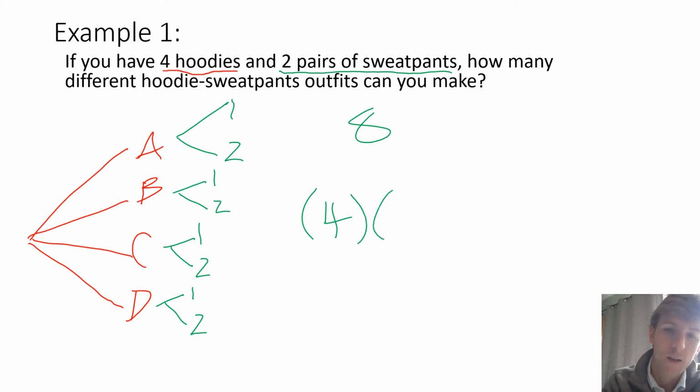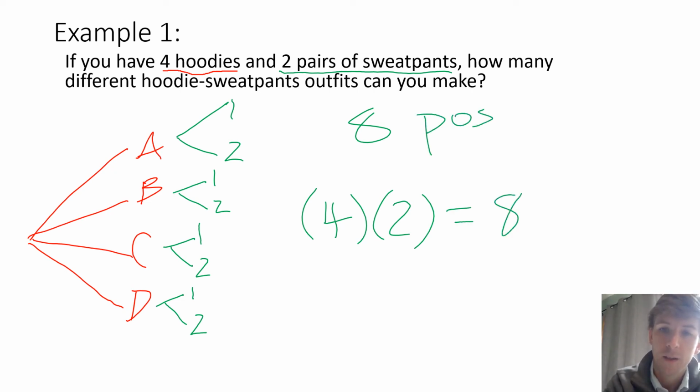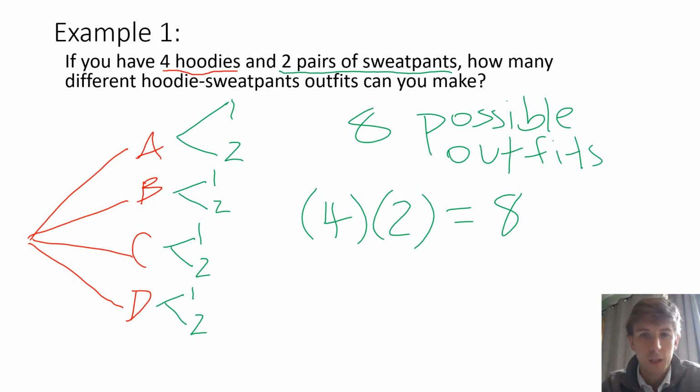The second event can be performed in 2 different ways, and 4 times 2 is 8. So there's 8 possible outfits. Easy enough.